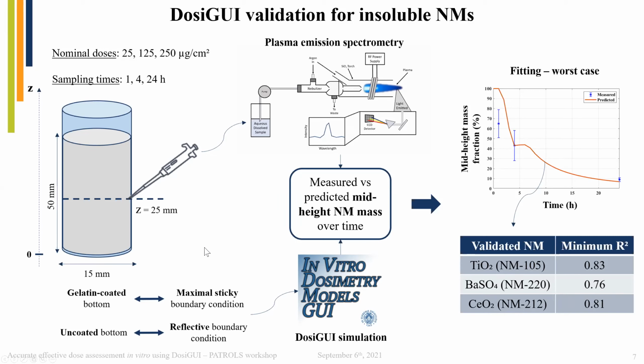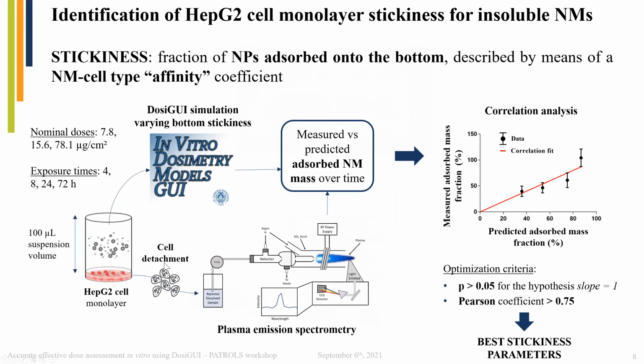So we know that we need to increase the stickiness index of our particular experimental setup. We then did a similar thing in the presence of a real cell monolayer. So we placed the same nanomaterials in the same liquid medium, with the same amount of FBS, in the presence of a HepG2 cell monolayer.